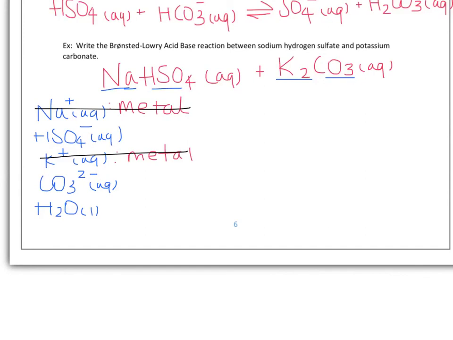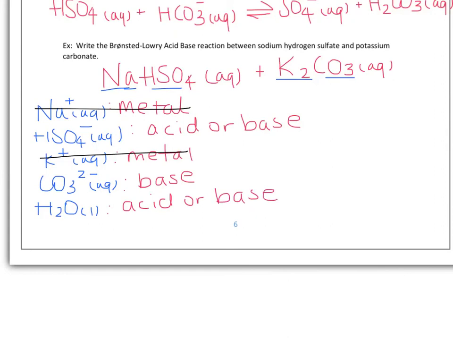HSO4 negative is amphoteric, so it can be an acid or a base. Carbonate has no hydrogen at all, so it's impossible for it to be an acid, but it can be a base since it has a 2 negative charge. It can accept not 1, but 2 protons. And water is, of course, amphoteric.